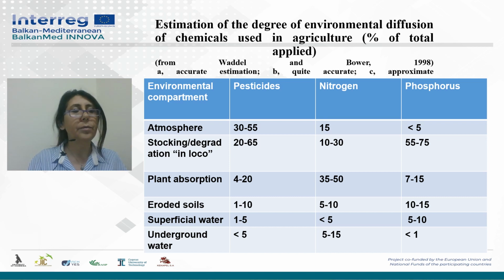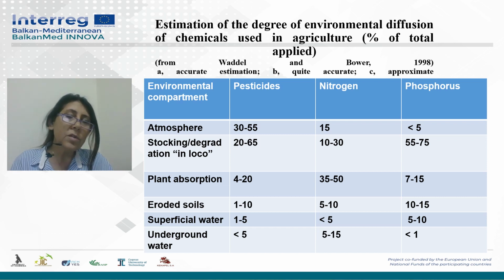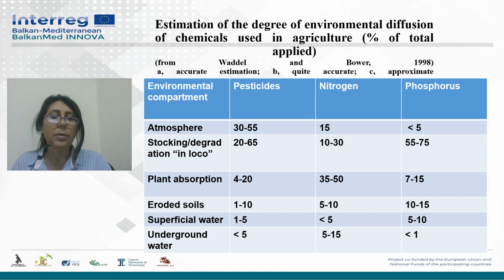That from the quantity of a product, a pesticide or a fertilizer, one part of it stays in loco and the other part moves to other environments or systems. I'm leaving you some seconds to consult this table, and then I will try to summarize and draw conclusions based on the data in this table.